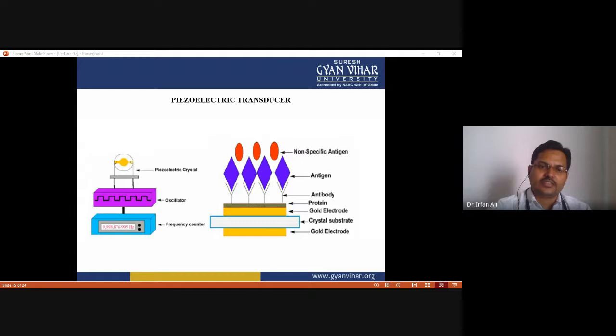And quartz is a sheet structure of silica with the molecular formula SiO2, which is polar in nature, and any mechanical stress leads to a change in the structure, and hence the separation between the positive and negative centers changes, causing a net change in the electrical field. If such a material is connected to a circuit, the mechanical stress will lead to an electrical signal, which in turn can be detected by the biosensor.